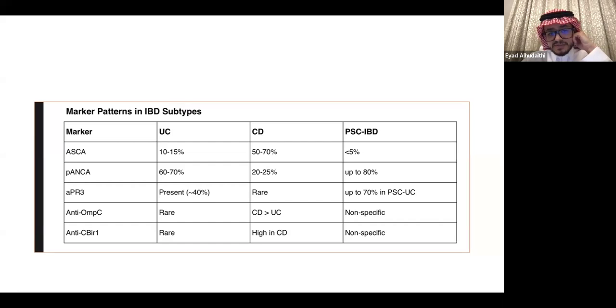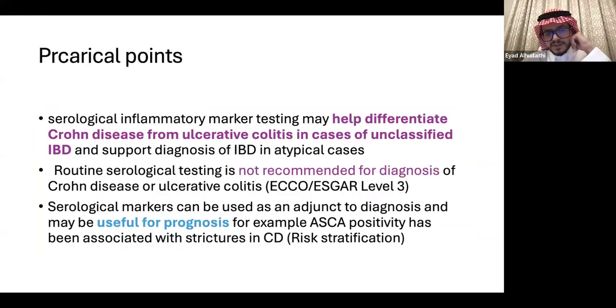It's usually done by rheumatology if they suspect granulomatous disease, ANCA-associated vasculitis, those who present with sarcoidosis or Wegener granulomatosis, but sometimes they can present with colitis. So we have witnessed that it can present also in IBD, but more evident in primary sclerosing cholangitis. It can reach up to 70%. The last two are not that important.